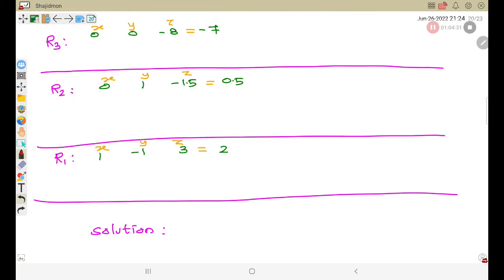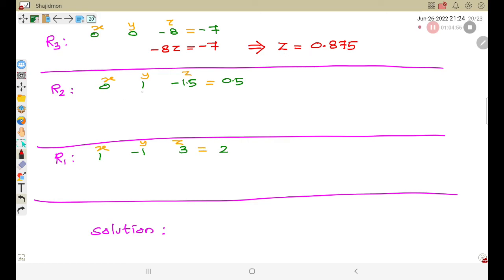0 multiply x 0, 0 multiply y 0, minus 8 multiply z equal to minus 7. So from this z value we will get, just divide by minus 8 on both sides. So minus 7 divided by minus 8, correct? So what will be the answer? 0.875.